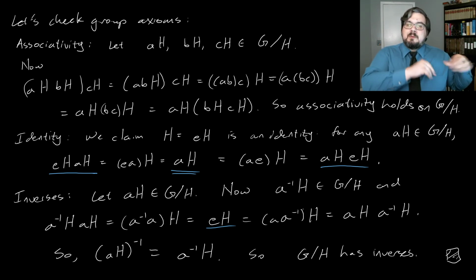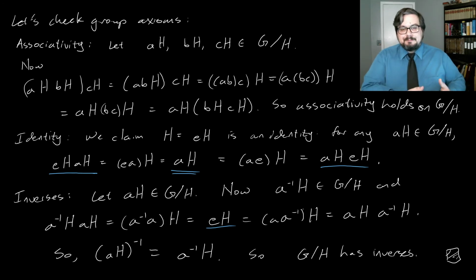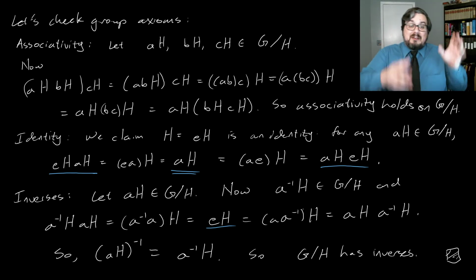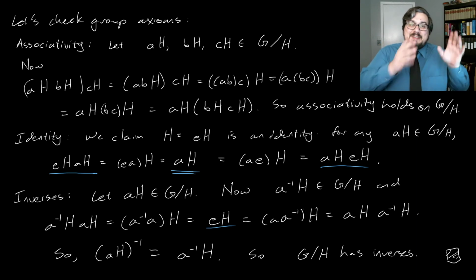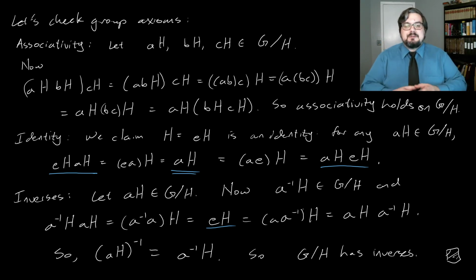But once we know that we even can define the multiplication, associativity of the factor group just comes from associativity of the group. The identity element of the factor group is simply the element of the factor group that has a representative of the identity from the group. And the inverse elements in the factor group are just the elements corresponding to the inverses of the representatives.